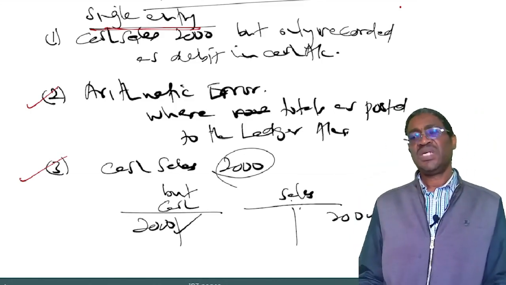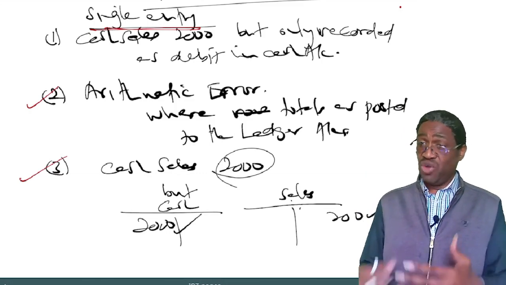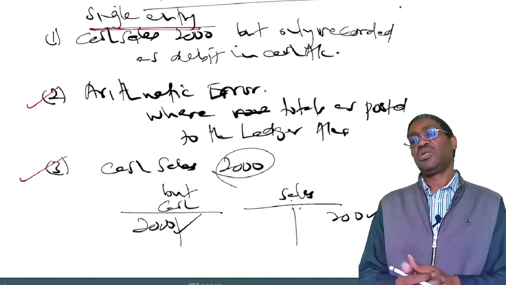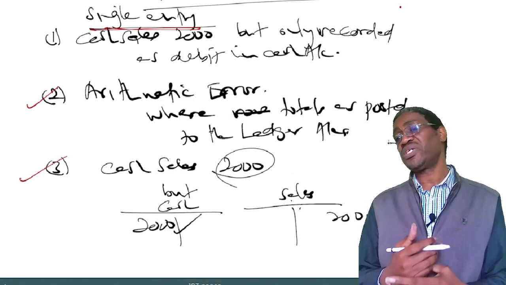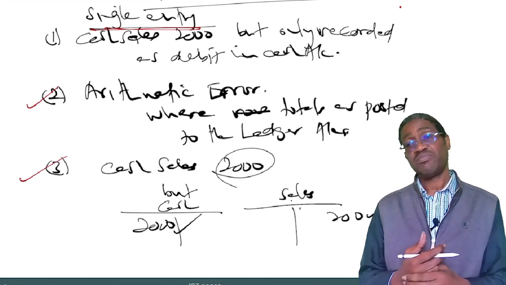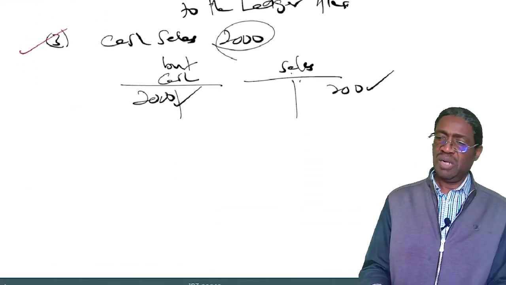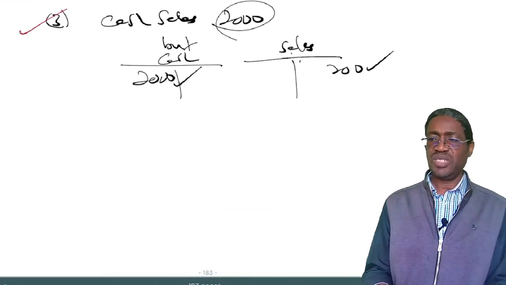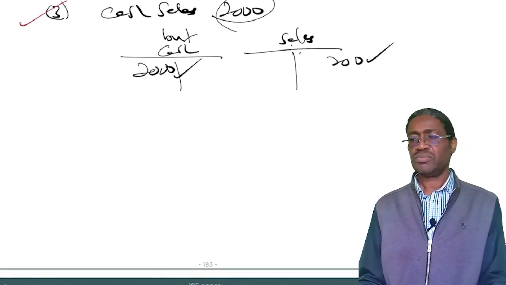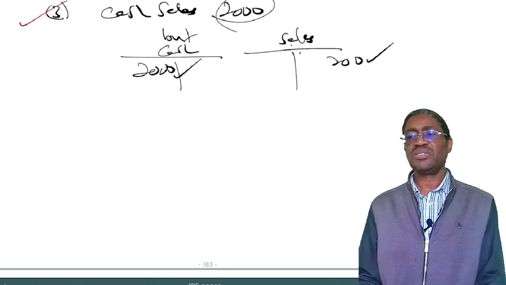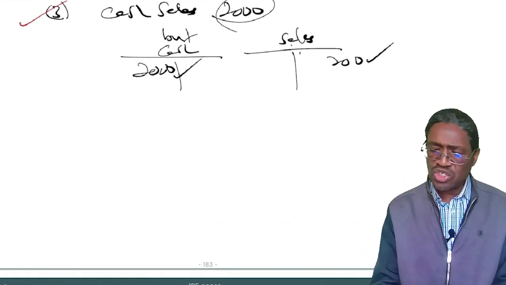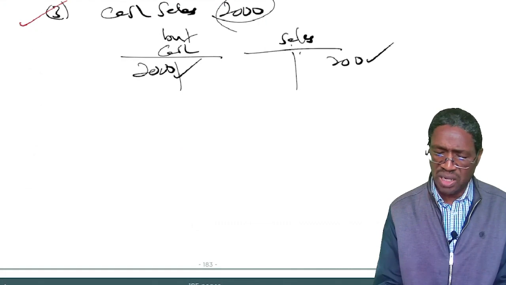Good. Let me continue now. I've given you a few examples of errors which, when they are committed, the trial balance will never balance. Now listen. You are extracting this trial balance, you as a company.